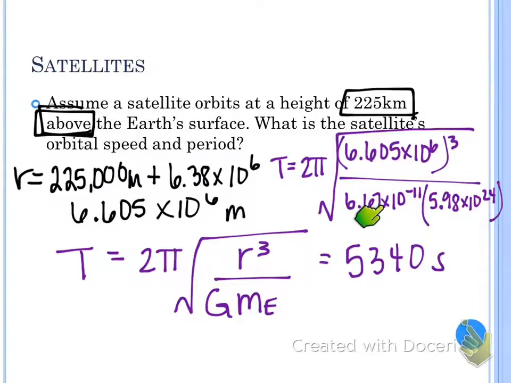You can rewrite that number, I don't care. Then I'm going to plug in my numerator, 6.605 times 10 to the 6th, and I'll cube that whole thing, and I'm not going to hit enter yet, because then I'll hit divide by second answer. If you don't put the parentheses in there, will it mess it up?